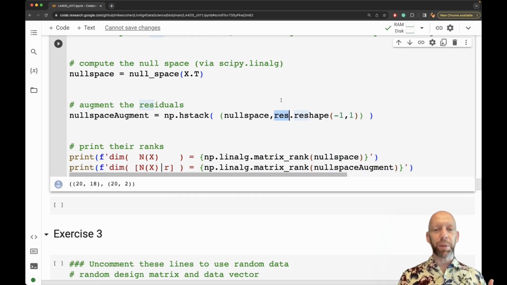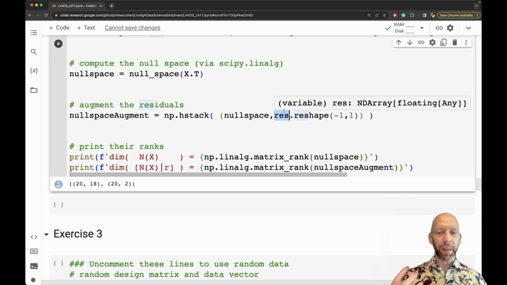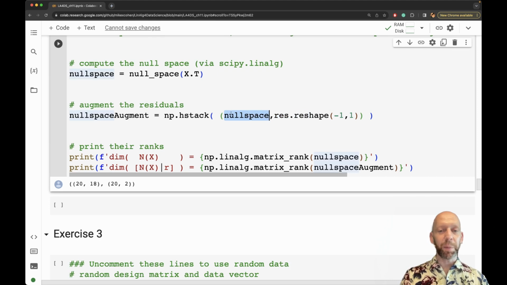Everything in this residuals vector can be expressed as some linear combination of the columns in this matrix. However, if the rank increases, for example, if this is rank 19 and this is rank 18, then that means that this residuals vector cannot be expressed as any combination of these columns, which means it is a unique vector.